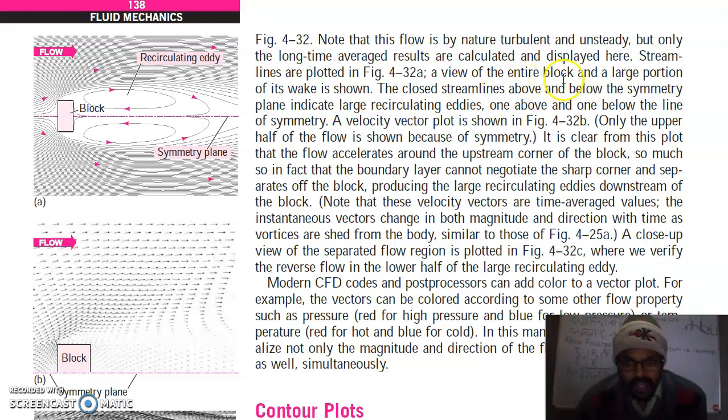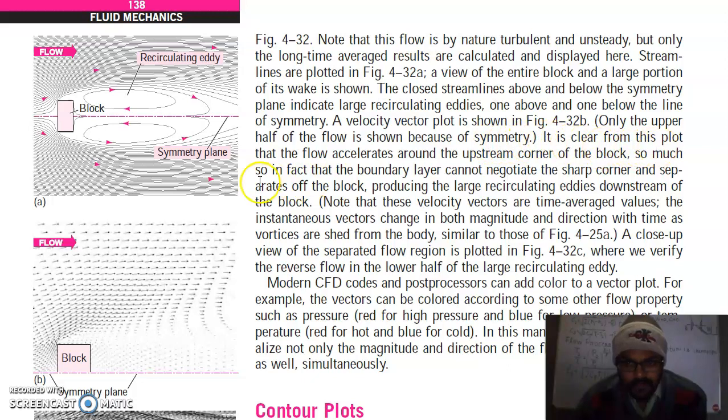A view of the entire block and a large portion of its wake is shown. The closed streamlines above and below the symmetry plane indicate large recirculating eddies, one above and one below the line of symmetry. A velocity vector plot is shown in the figure. Only the upper half of the flow is shown because of symmetry.